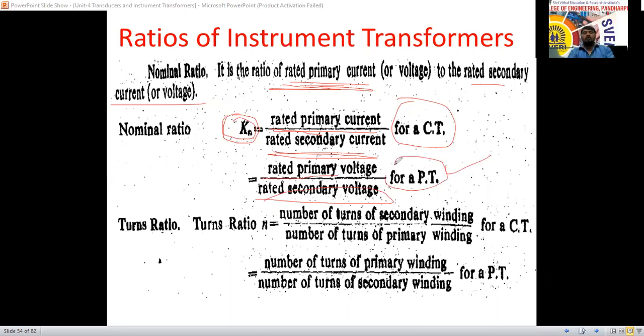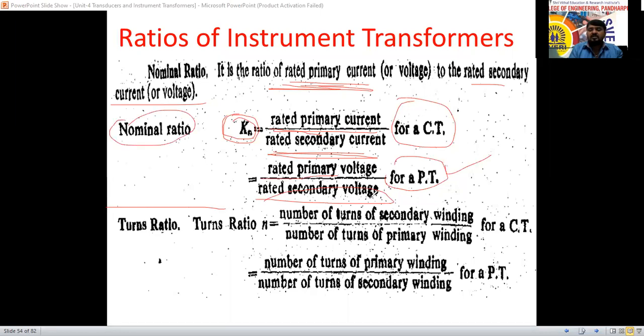It is the ratio of rated primary current to the rated secondary current that is called the nominal ratio of the current transformer here. This is the definition of the nominal ratio.